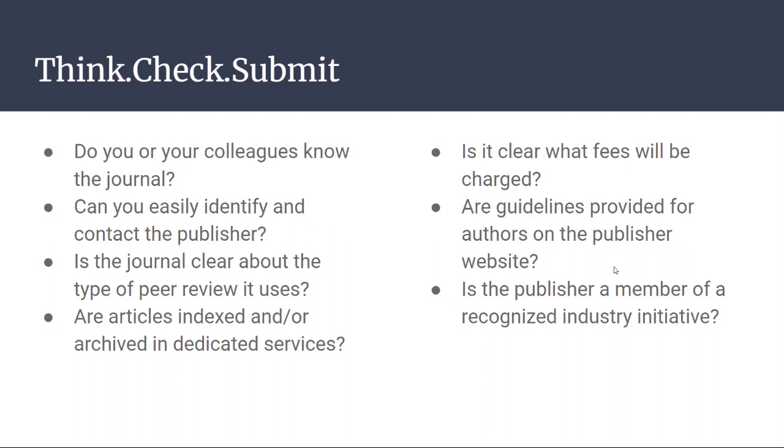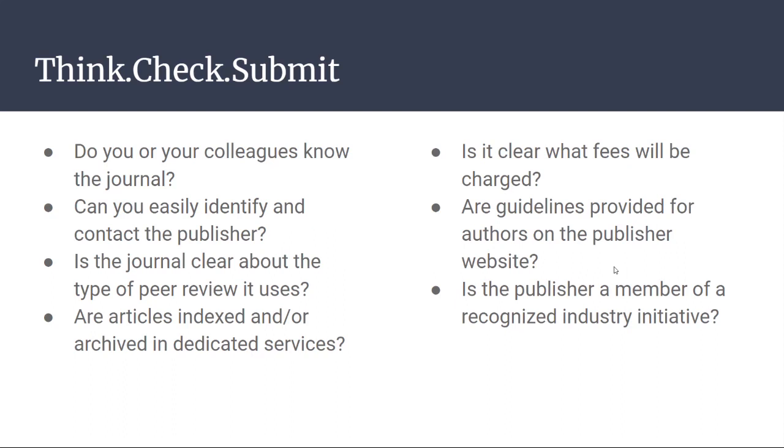The first is the question about article indexing. Like I mentioned before, Medline indexing can be a really good indicator of quality, as the NIH does do quality checks to ensure that the journals that are indexed in Medline are of sufficient quality and produce good science. Now, it's important to note that many major indexing services, such as Medline, Web of Science, Scopus, Directory of Open Access Journals, oftentimes have requirements that journals have to have been around for a couple of years before they can be indexed.